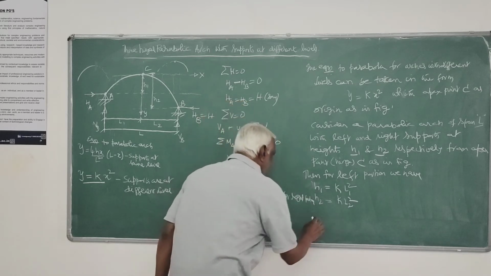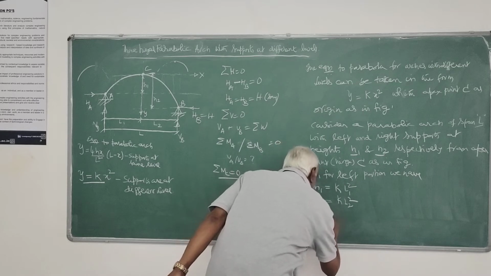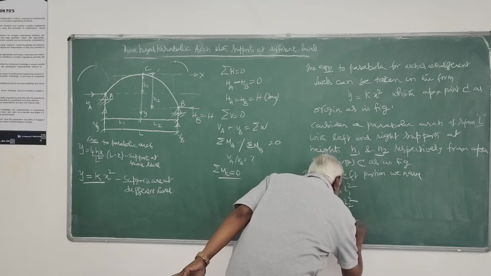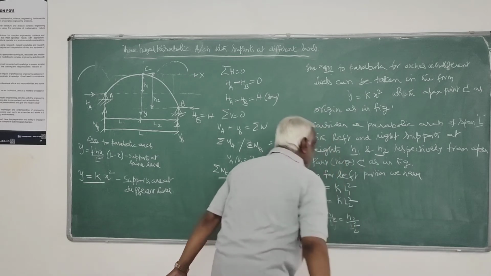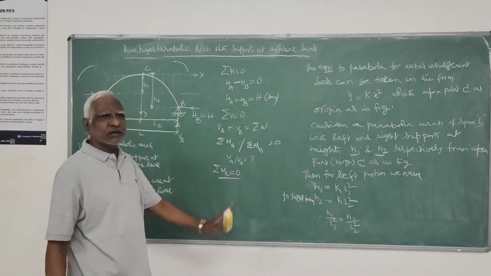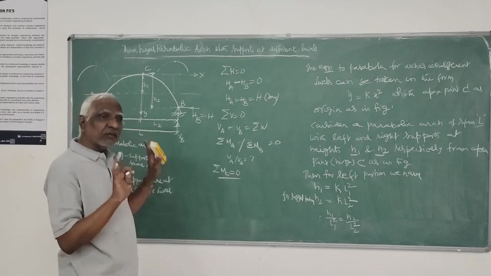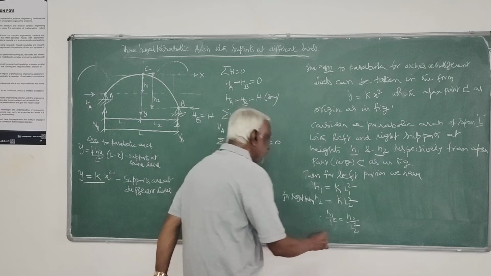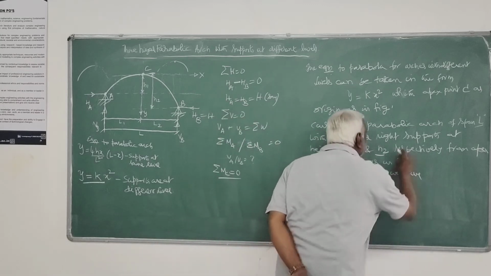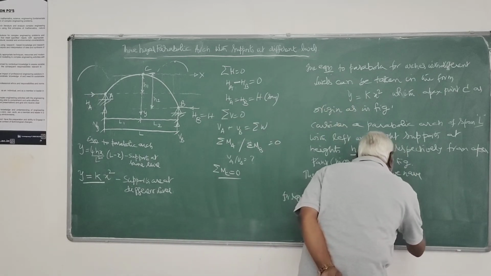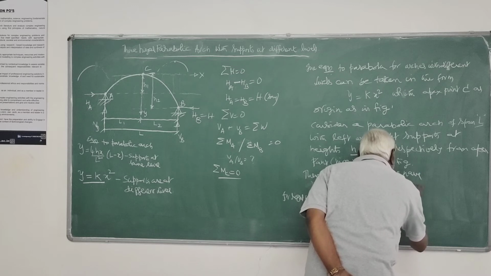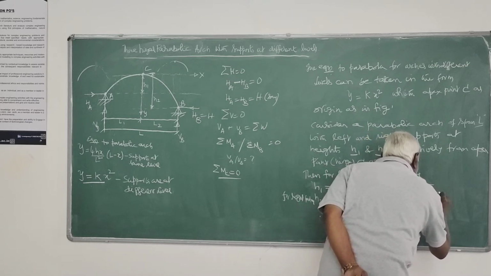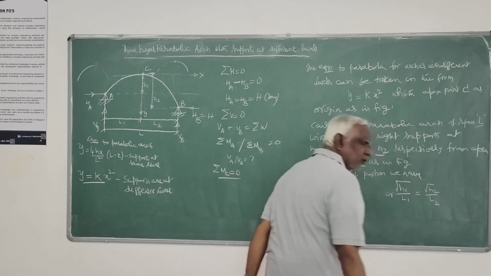Therefore, H1 by L1 square equals H2 by L2 square, because each is equal to k. Same constant if you want to use, same equation of parabola. Or you can write root H1 by L1 equals root H2 by L2.